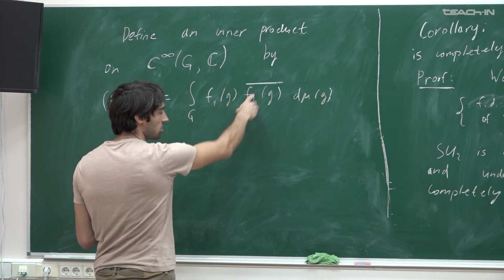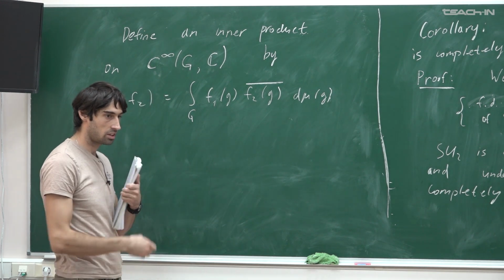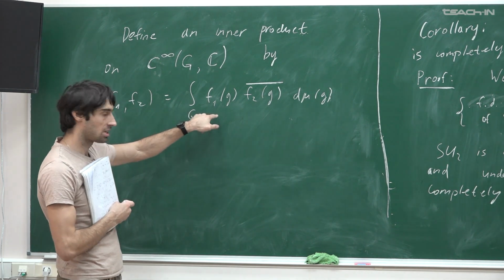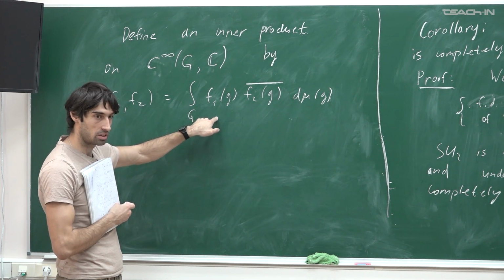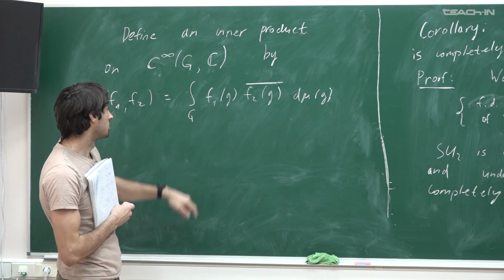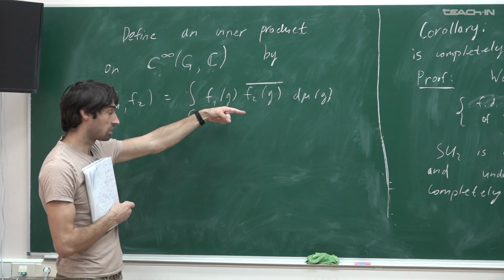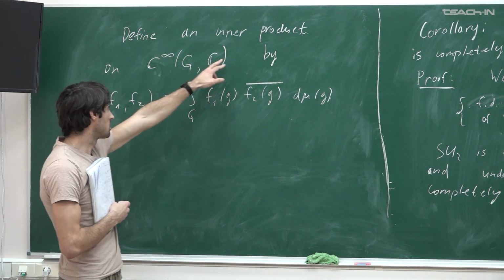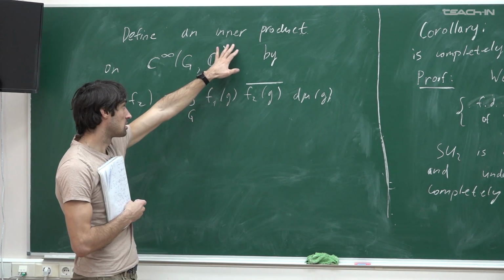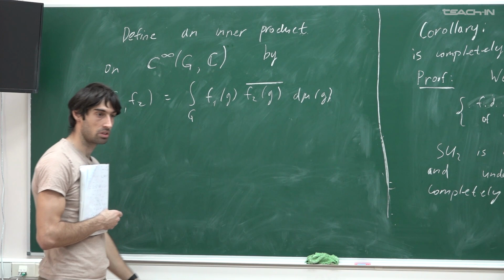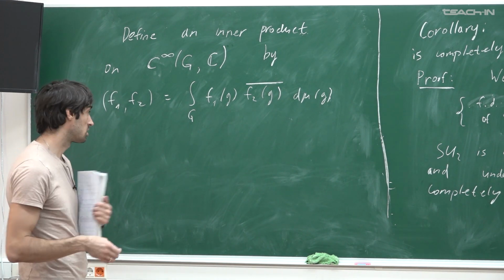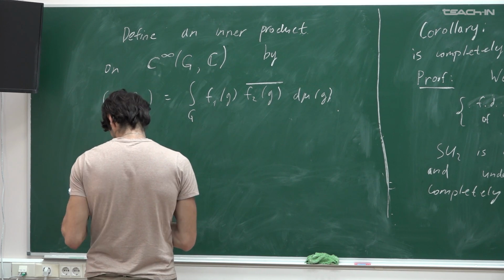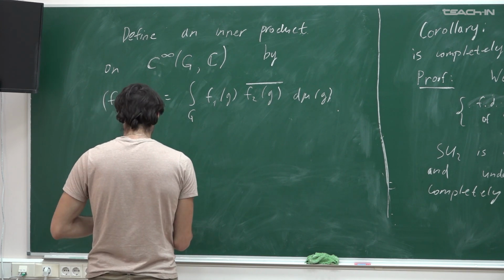Because I have conjugation here, if I take F1 and F2 the same, I will have something positive, because at every point I will get some positive number. So this is why I can say that the inner product is positive definite.